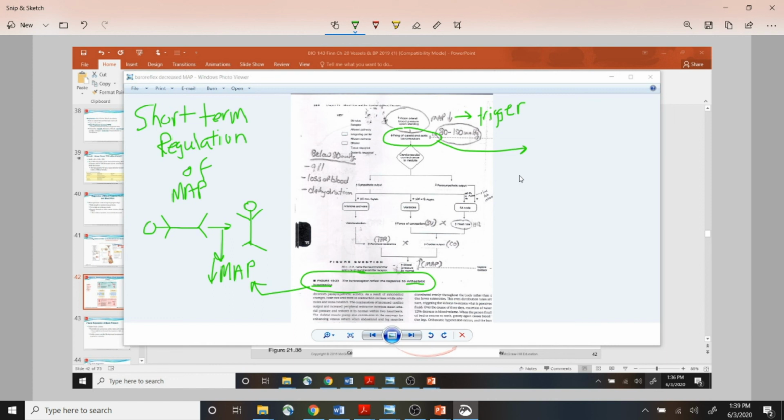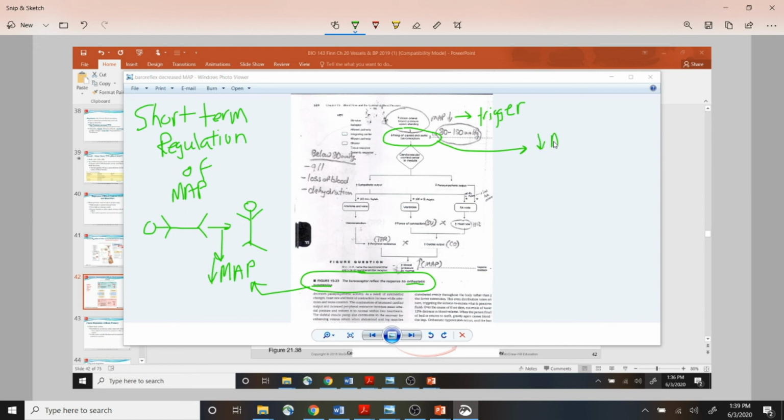How do they tell the cardiovascular control center what's happening? They have to use action potential language. So you see decreased firing of carotid and aortic baroreceptors. What does that mean? That means decreased electrical activity, decreased action potentials. That's what that means.